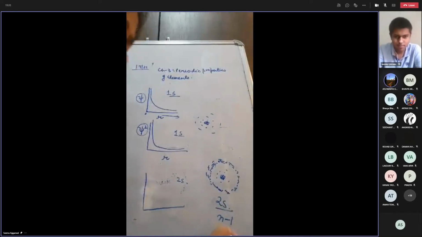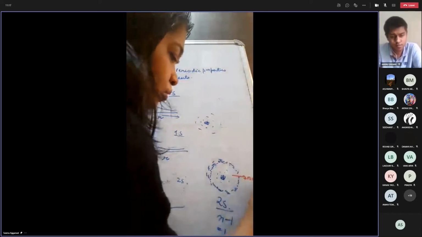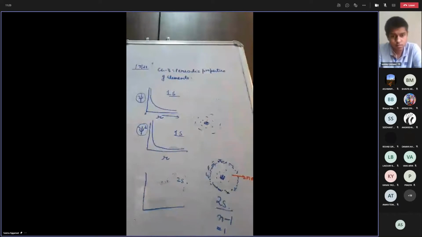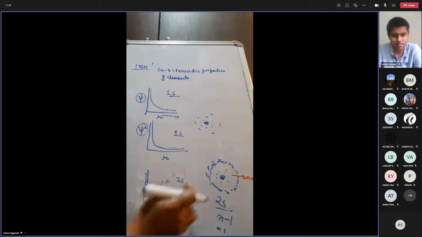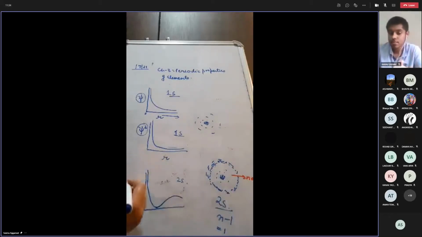It means this point where the probability of finding the electron is 0, or very less. This portion is a node. So what should be the shape according to you? Initially near the nucleus it is very high. Then it decreases, becoming 0, which means node, and then it again increases. This is the plot of psi versus r for the 2s orbital.